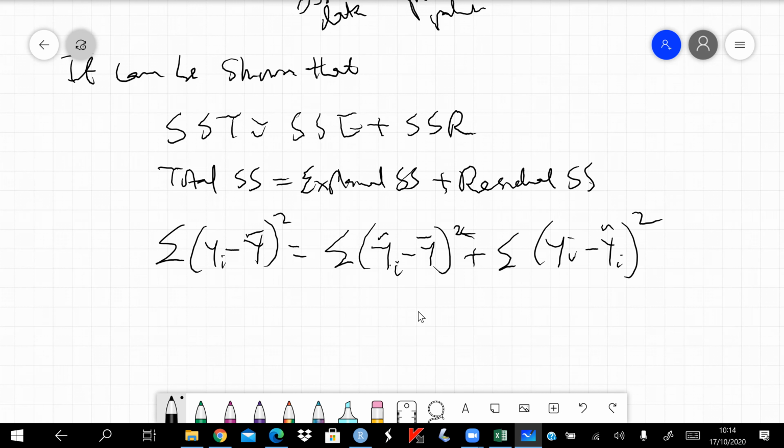So this is the residual, this is the explained variation, and this is the total variation. It can be shown, but we don't need that kind of proof.